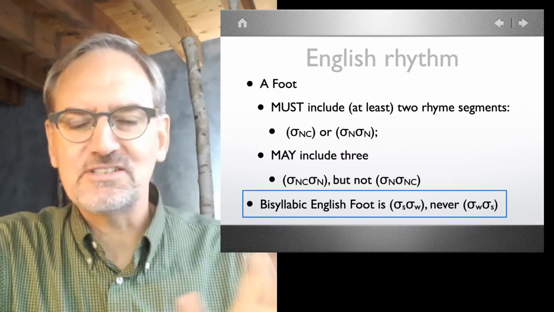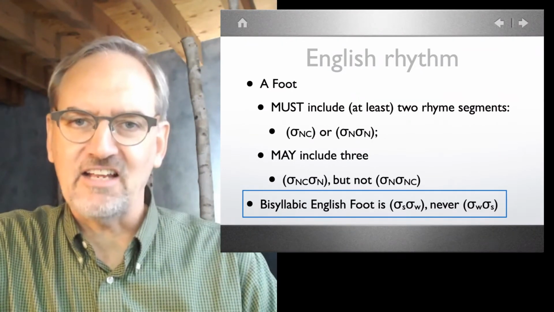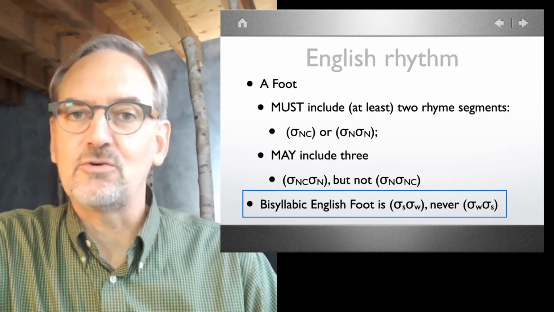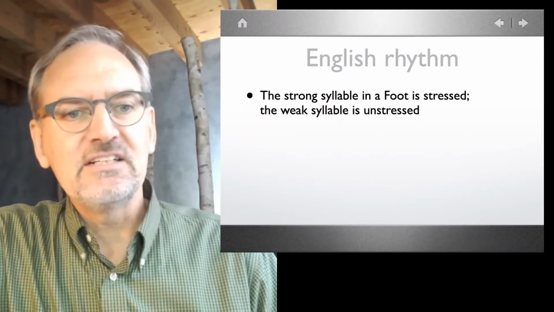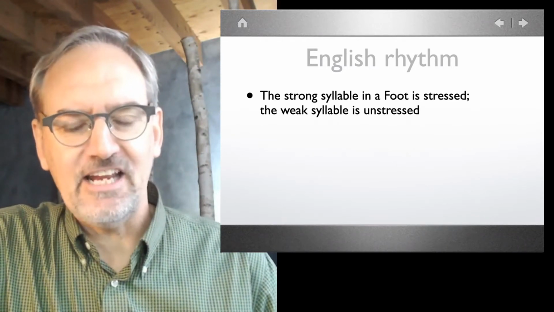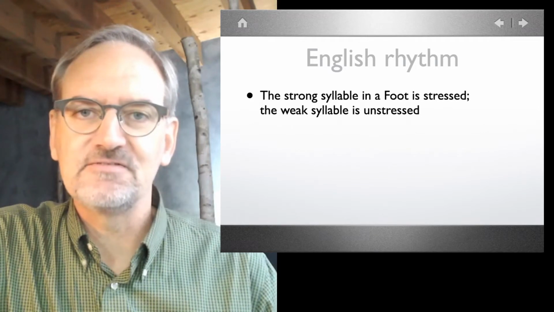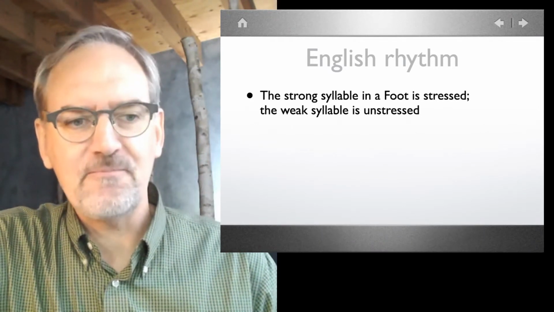And there's always some confusion between strong and weak, and heavy and light. They do relate to one another, but they are not the same thing. Now, a strong syllable in a foot in English is stressed, and a weak syllable is unstressed. Okay?